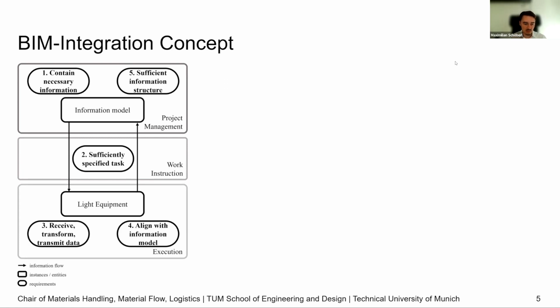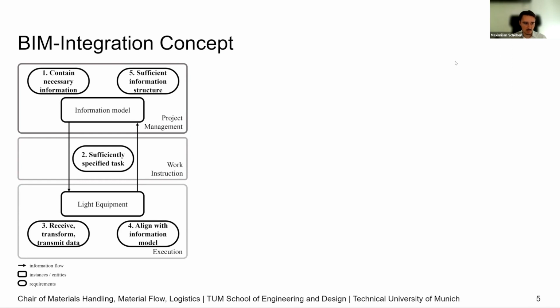The light equipment itself has to be able to receive, transform, and transmit data, so to operate in this information flow. And another requirement which we found is very critical and also difficult to achieve is the alignment of the light equipment with the information model.